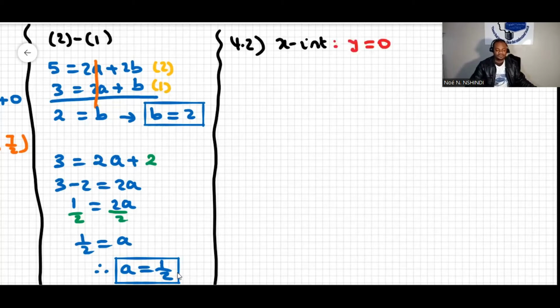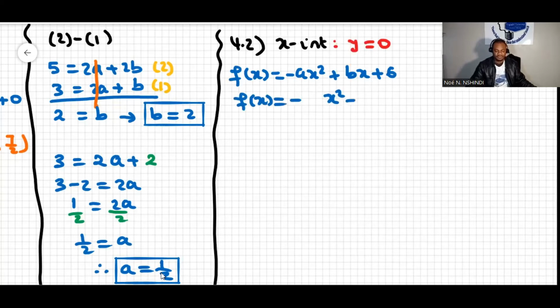f of x was given by -ax squared plus bx plus 6. Now that we found the values of a and b, we can substitute. f of x will be equal to -ax squared plus bx plus 6. We sub in the value of a, which is a half, and b is 2.